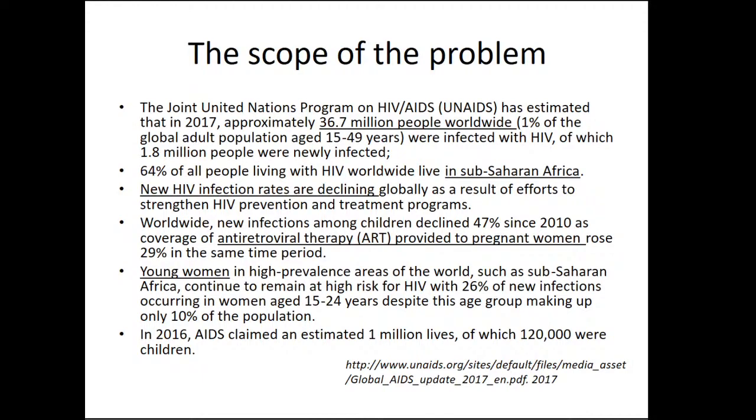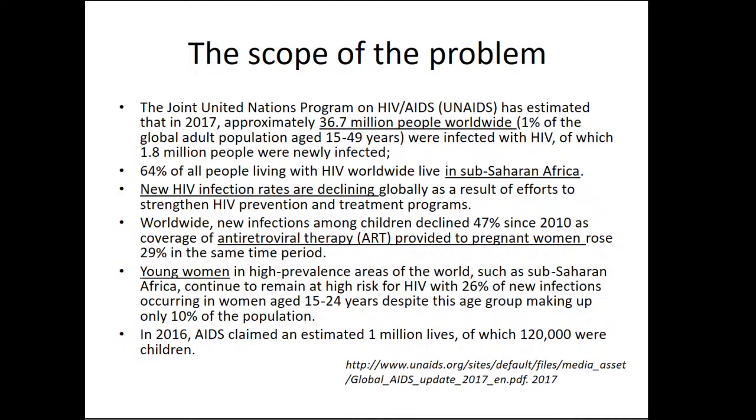For example, sub-Saharan Africa continues to remain a high risk area for HIV, with roughly 25% of new infections occurring in women aged 15 to 25 years old, and 64% of people living with HIV worldwide live in Africa, namely in sub-Saharan Africa.